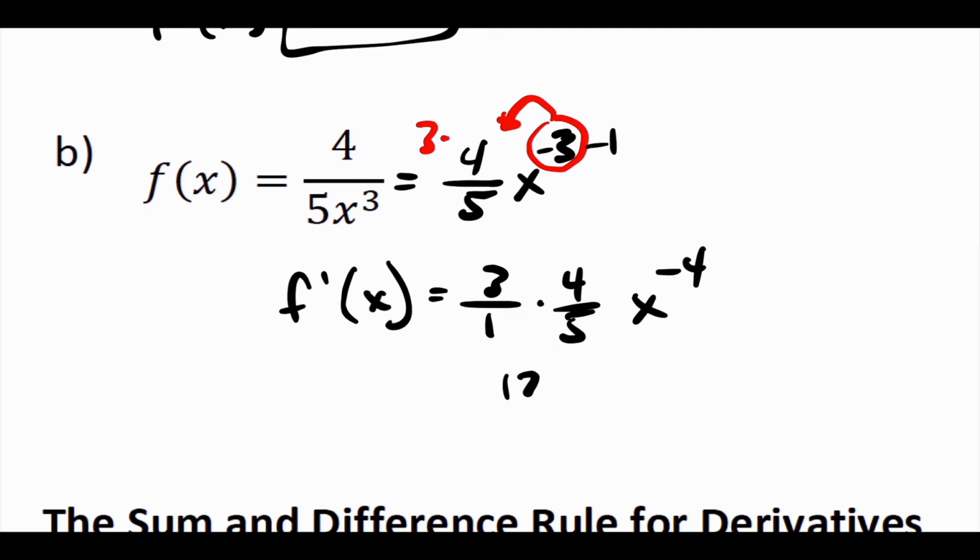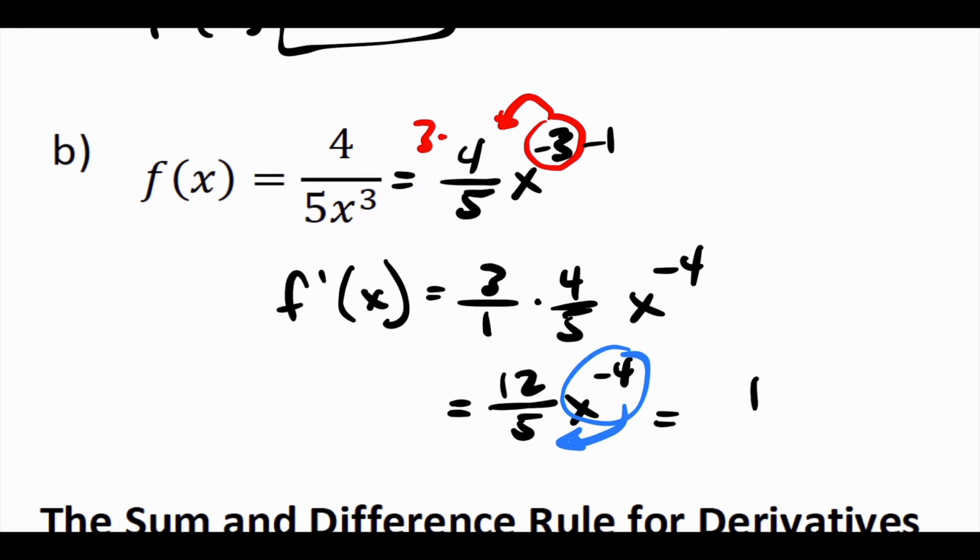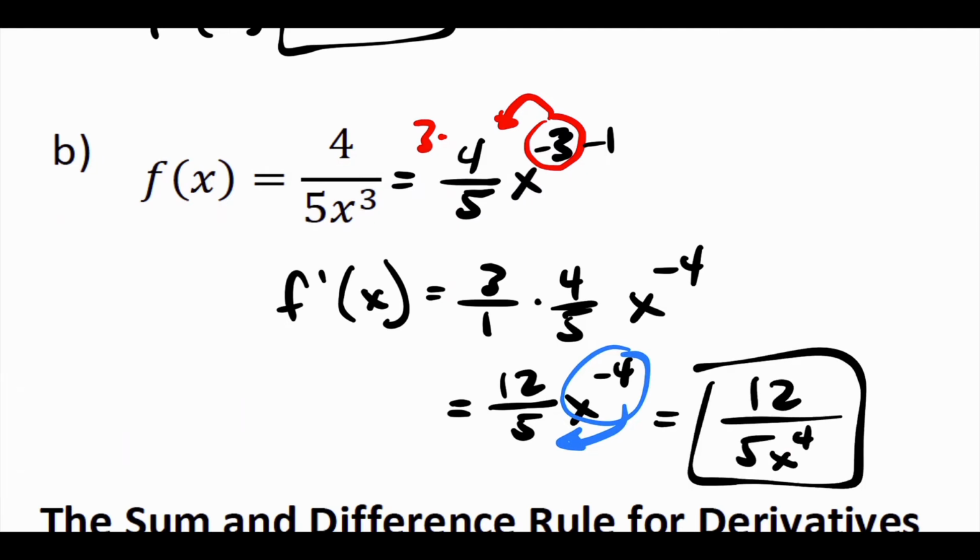So that's, what is that, 12/5 x to the -4. Can't finish with a negative exponent, so now we move x back down. This one, we move back downstairs where it was to begin with, and it'll be positive. So 12/5 x to the 4th.